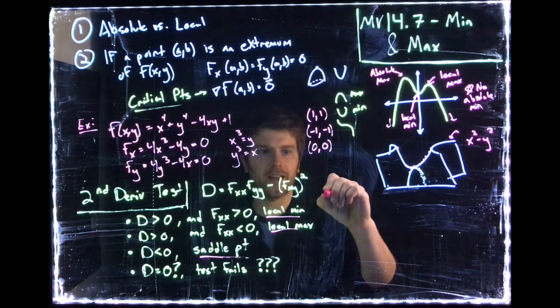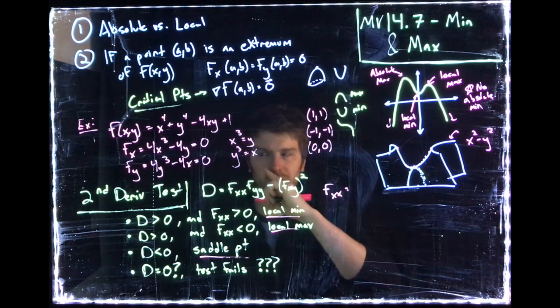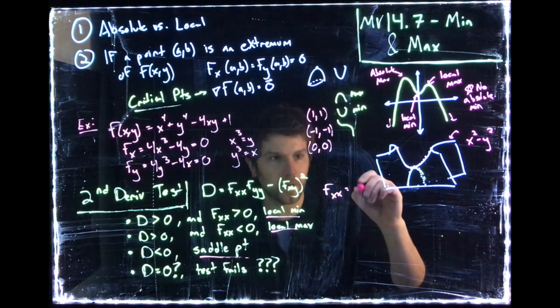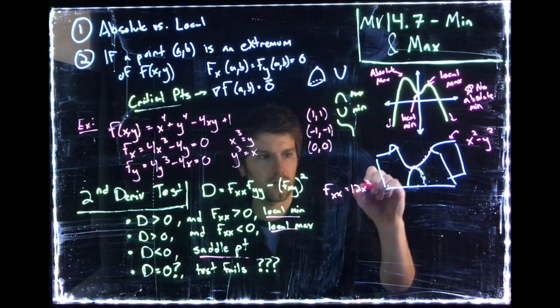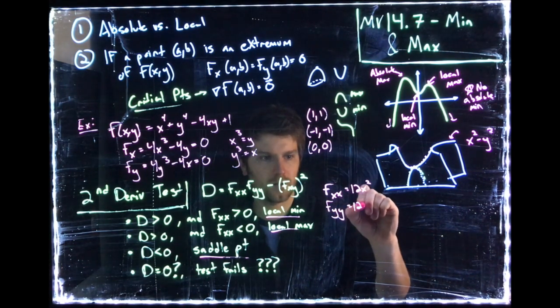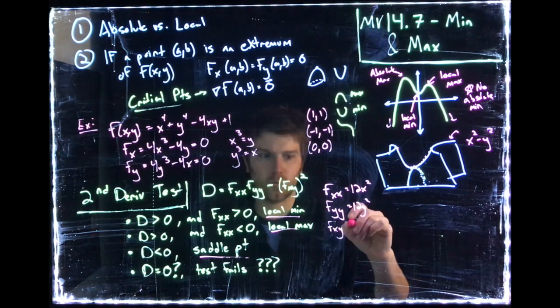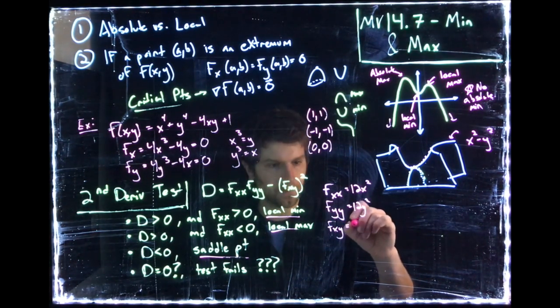Let's go ahead and calculate fxx. Fxx here should just be 12x squared. Fyy is 12y squared. And fxy here is negative 4.